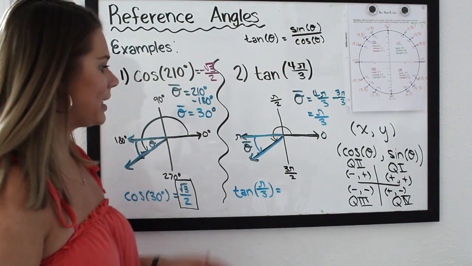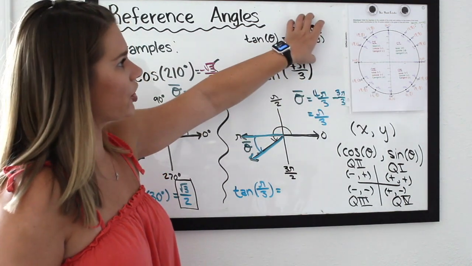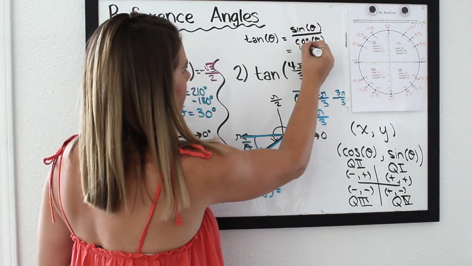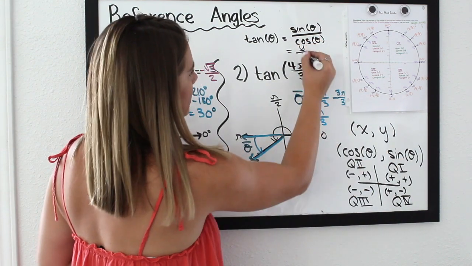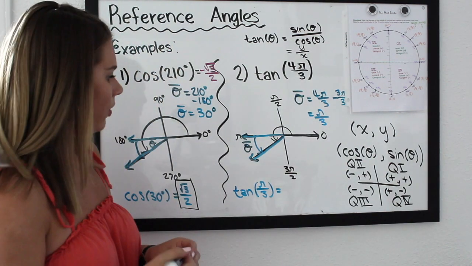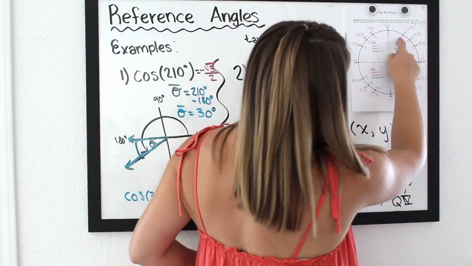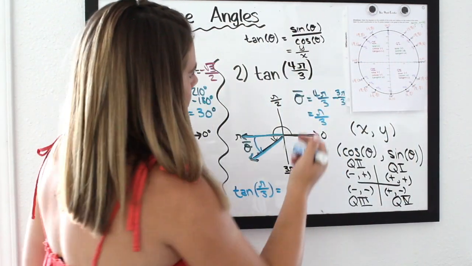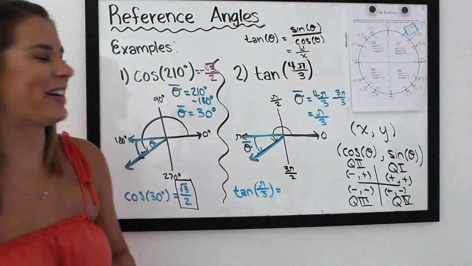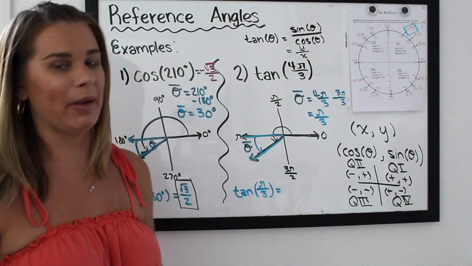That means I can take whichever coordinates are at pi over 3 on my unit circle and create a ratio: sine of theta is y, and cosine of theta is x. So let's go find that. At pi over 3, my coordinates are a half, comma, root 3 over 2. A half is my x coordinate and root 3 over 2 is my y.